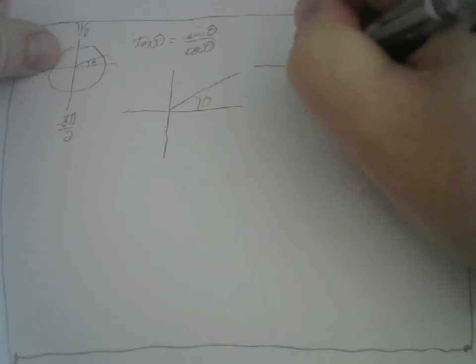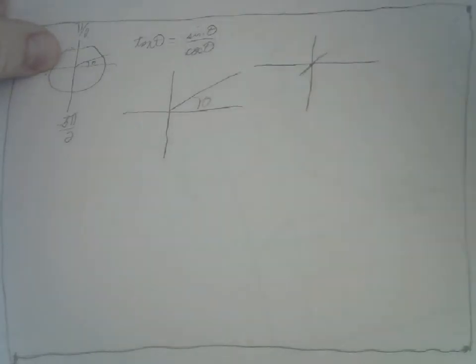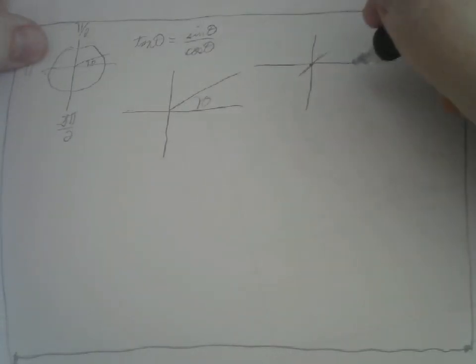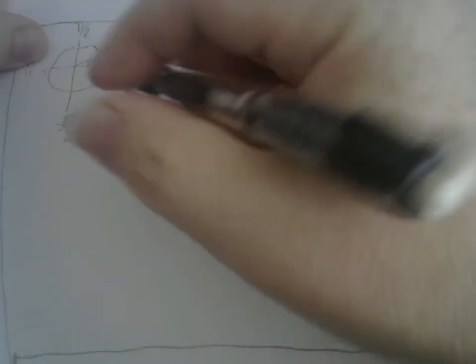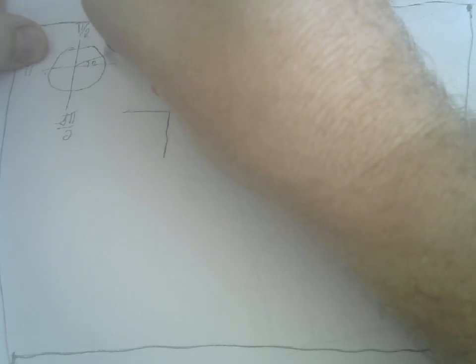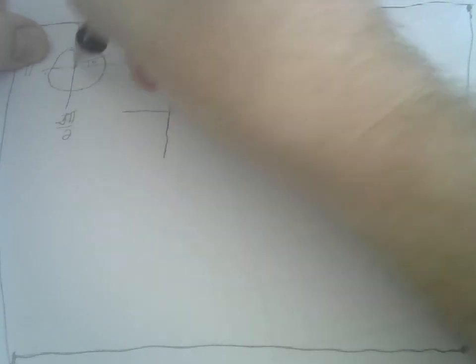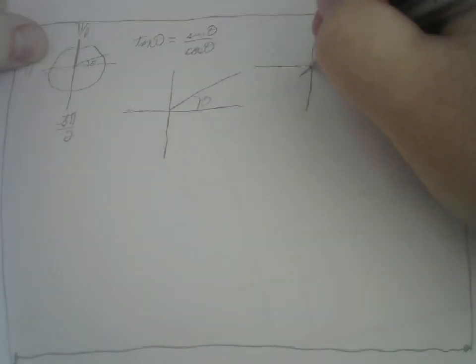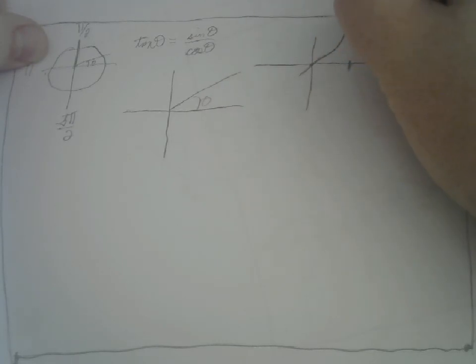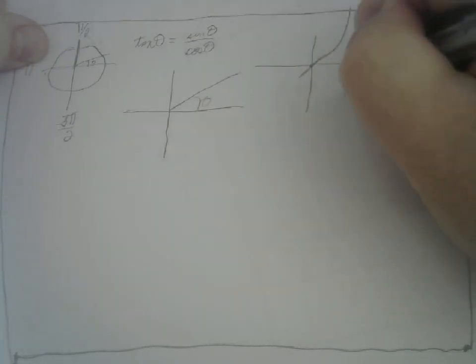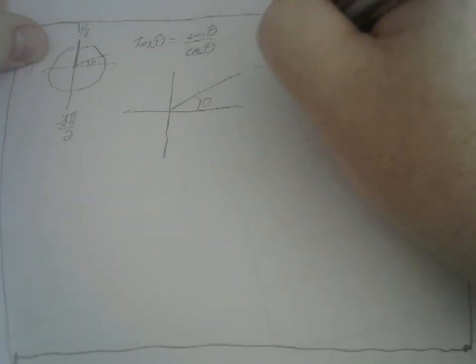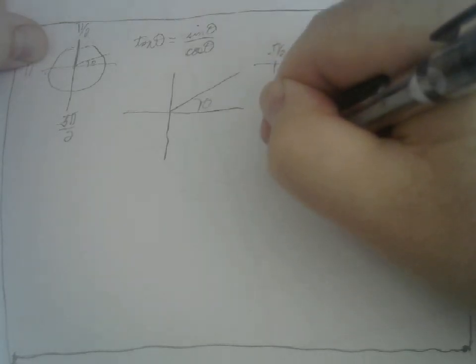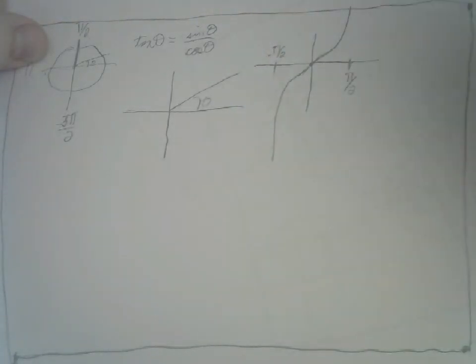I won't go into it now, but I'll just say that the slope of the tangent there in the center is 1, but it quickly goes, as this line goes around from here to here, the slope at this point is infinity. So it's going to go like that at pi over 2. And at negative pi over 2, the tangent function is going to go down like that towards negative infinity.